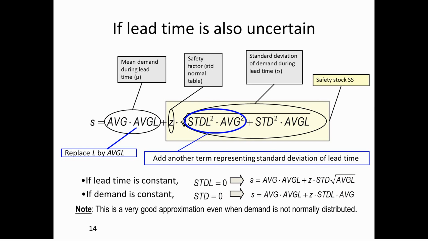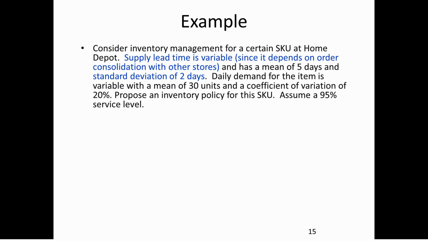But even so, this turns out to be a rather good approximation. It's another one of those robust models, like the EOQ being robust in that you can make a lot of misspecifications. This one is very robust in terms of the assumptions about the uncertainty in the demand.